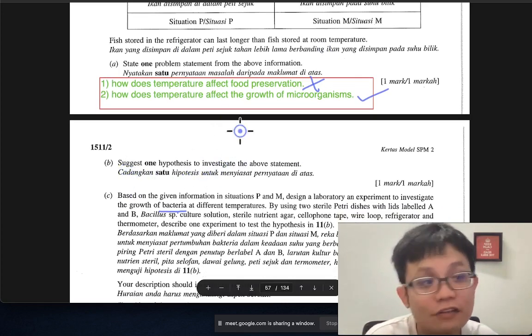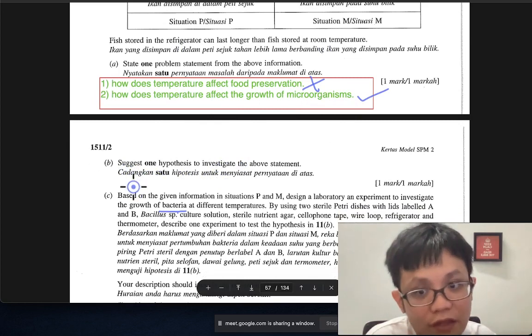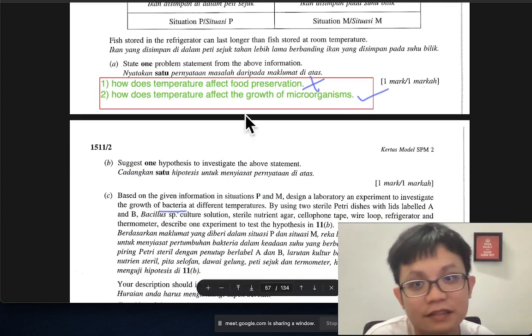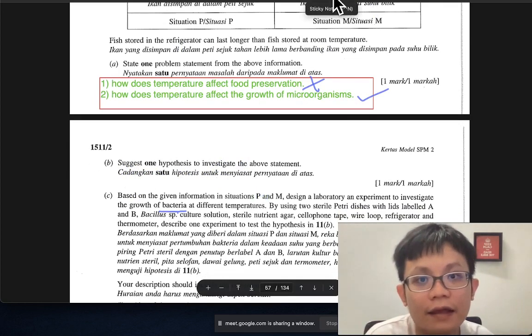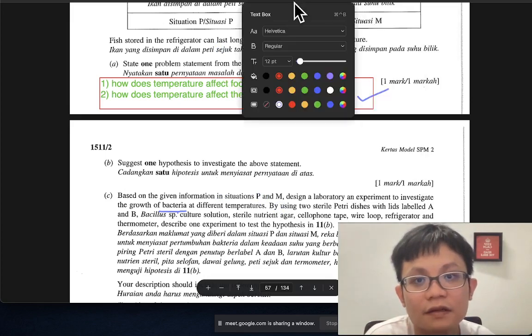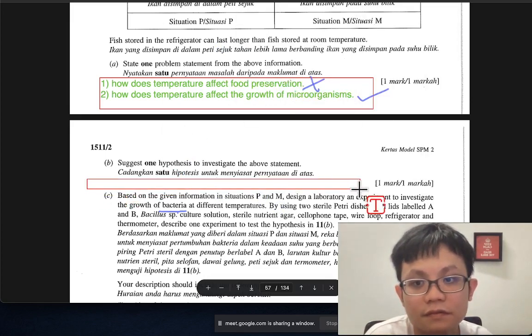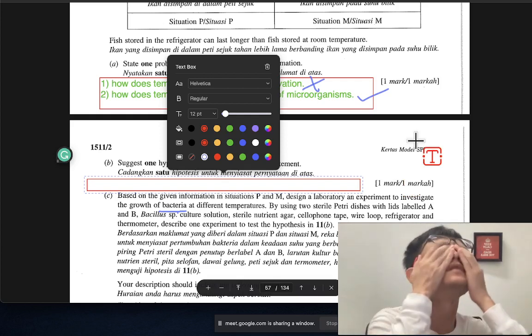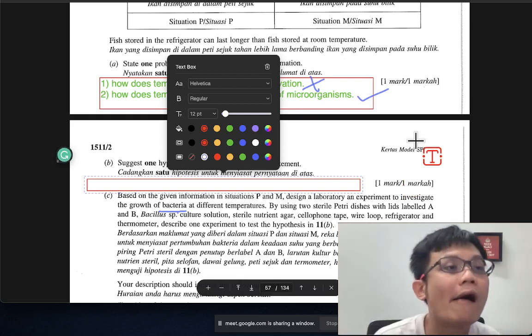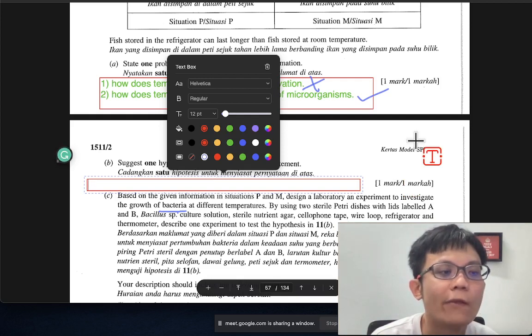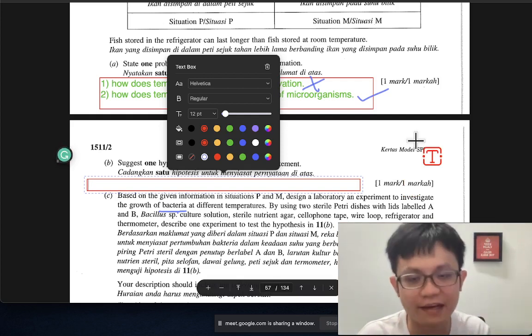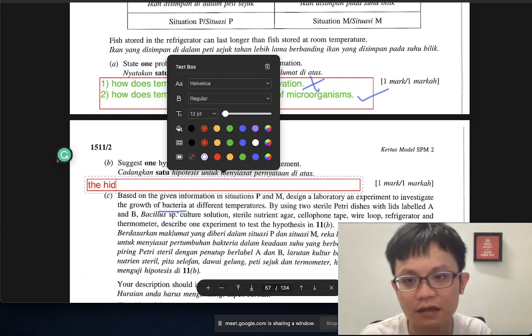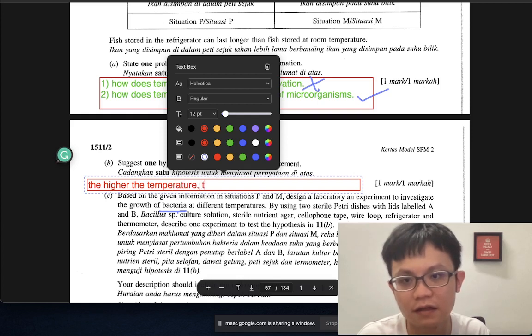Suggest one hypothesis. Okay, so now we have the problem statement, so we can do the hypothesis already. So what is the hypothesis? The higher the temperature, the lower the growth of bacteria.